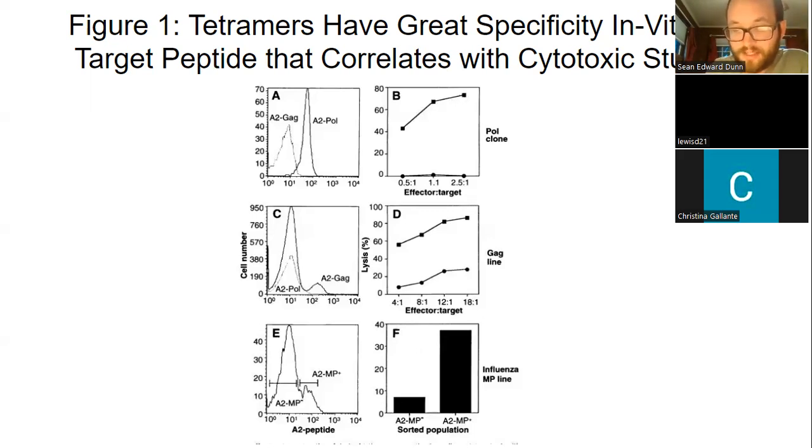Shown in figure 1C, all T cells counted in the POL staining, represented by the dotted line, were negative, as observed by low fluorescence. When stained with the GAG tetramer, only 10% of the T cells counted were positive, as presented by the solid line. The remaining 90% negative cells in the GAG staining represented CD8 cells that did not have the TCR specific to the GAG peptide during stimulation.